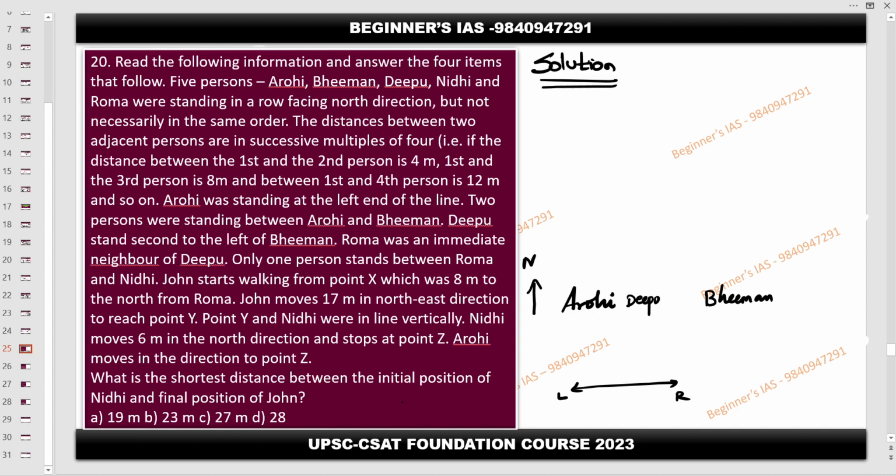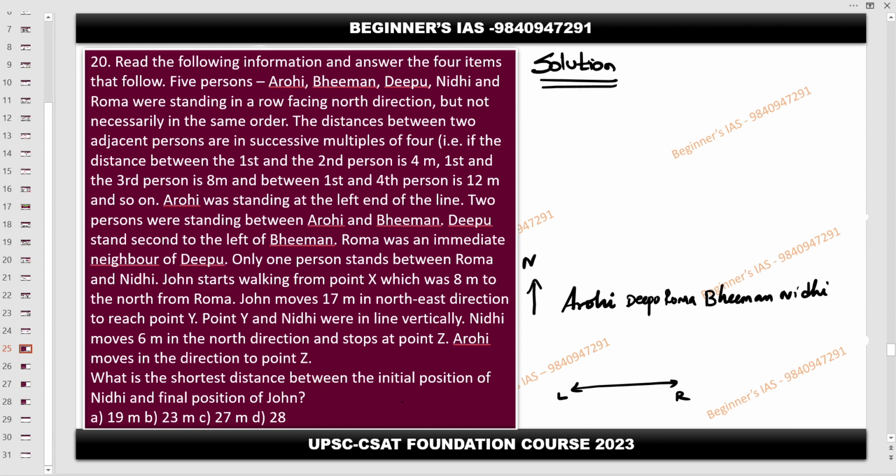But left is filled with Harogi, therefore Roma is going to be on the right. Now only one person stands between Roma and Niti. So Roma here, therefore obviously Niti should be here. Then only the condition is satisfied that the one person is Beeman. So far we have done the diagram. Let us move on with the diagram now.